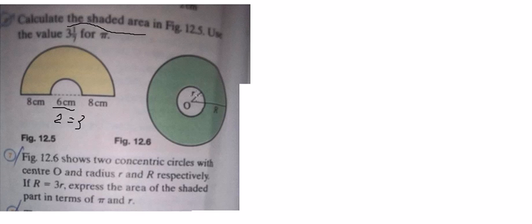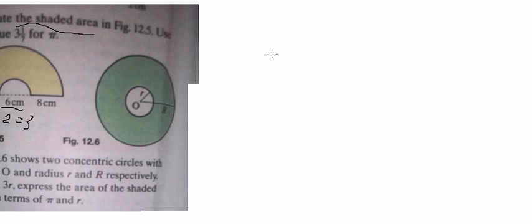So we have two circles in here. We need to calculate the green color. So we do the same technique. We find the area of the big circle minus the area of the small circle. So the big circle we got 3r, so we put 3r squared, multiply with pi.